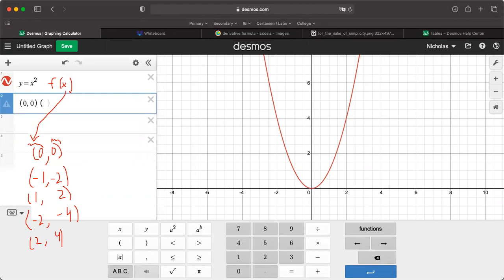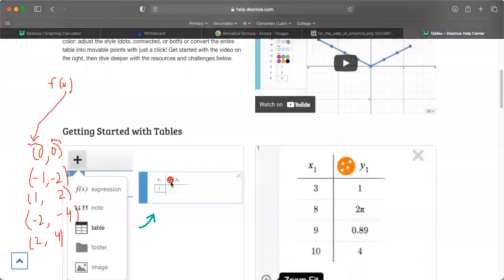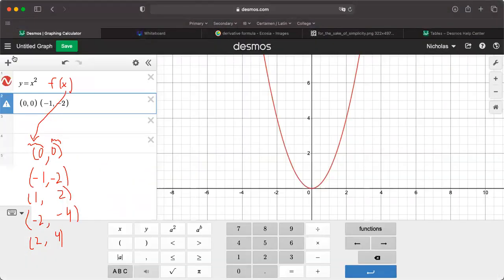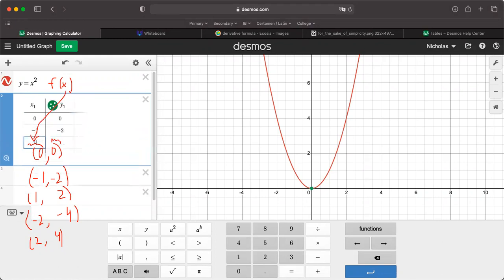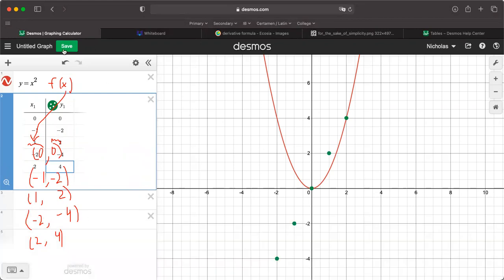And then the plus button. There we go. Let's change that color to green. So 0, 0, 1, 2, -1, -2, 2, 4, -2, -4. Okay, so I've just taken these values and I put them in this table.